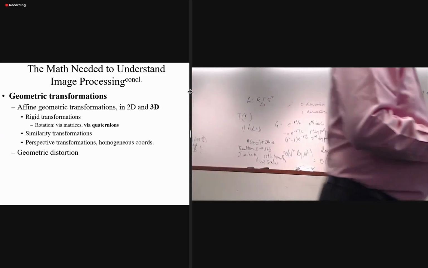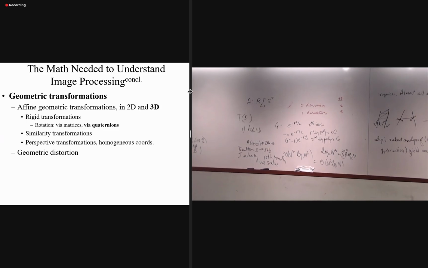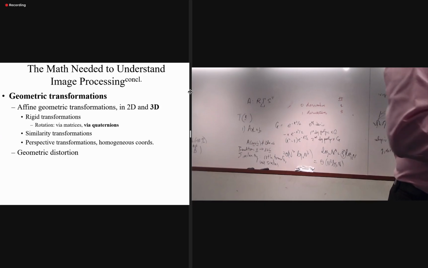It turns out the way we handle it is using something called homogeneous coordinates, which essentially turn operations that are given by 3x3 matrices into operations that are understood in terms of 4x4 matrices that are said to be in homogeneous coordinates. And it turns out that they're also useful for applying similarity transformations.